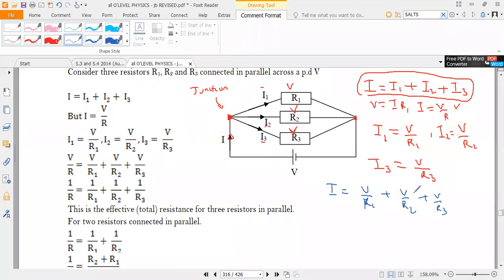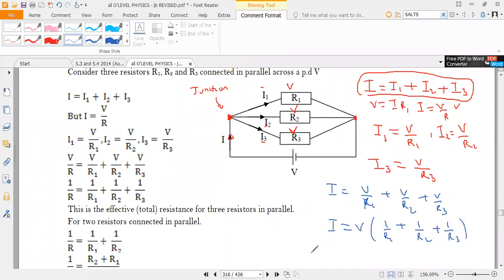Since they all have V, I can factorize out the V. So when I factorize out the V, I end up having V into 1 out of R1 plus 1 out of R2 plus 1 out of R3.